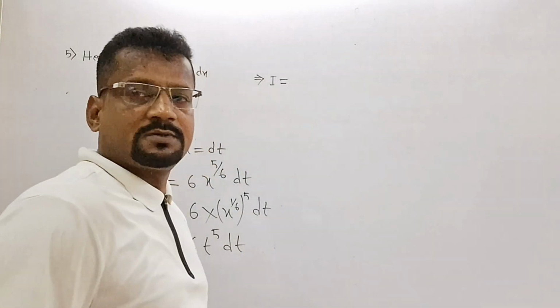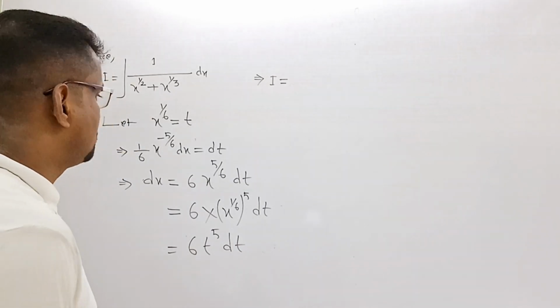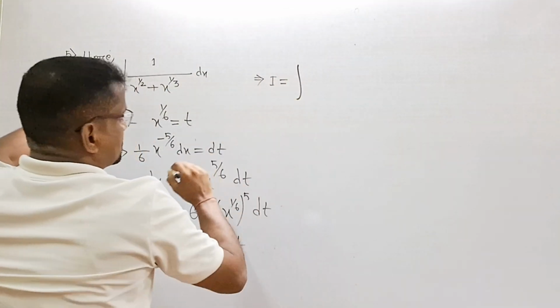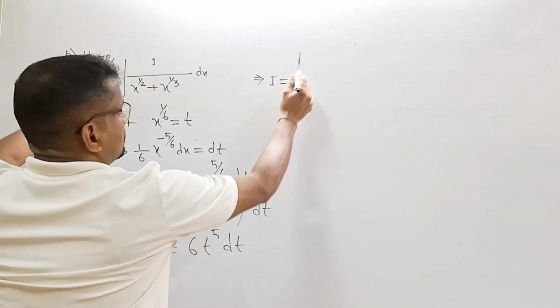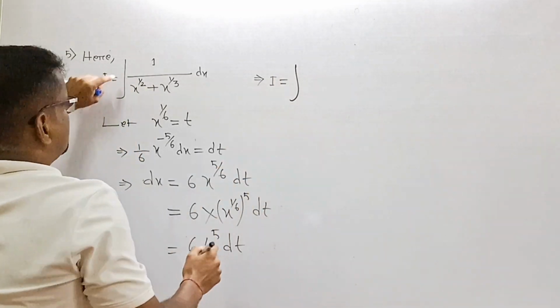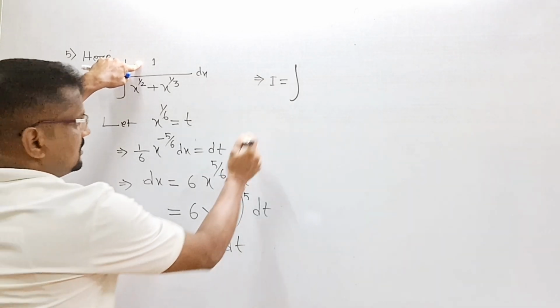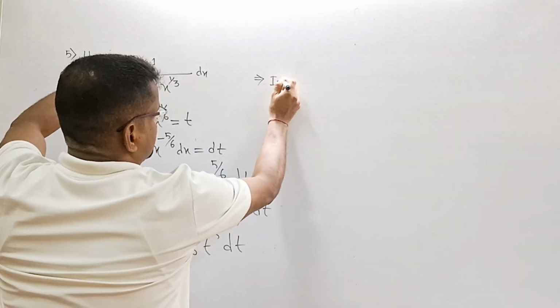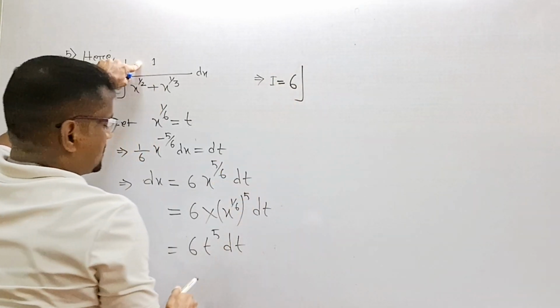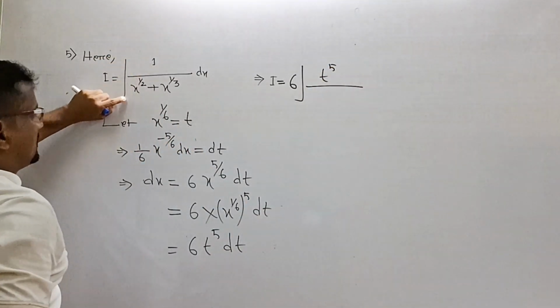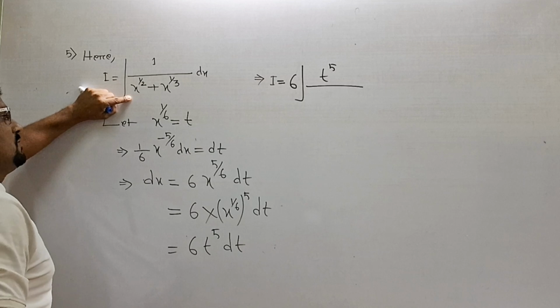Now let us substitute in I. After substitution, I will be the integral of, dx is 6 times t to the power 5 dt. So let me take 6 outside as it is a constant. So 6 times t to the power 5 divided by, and here you see x to the power half.